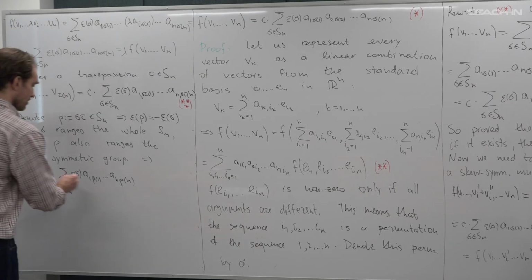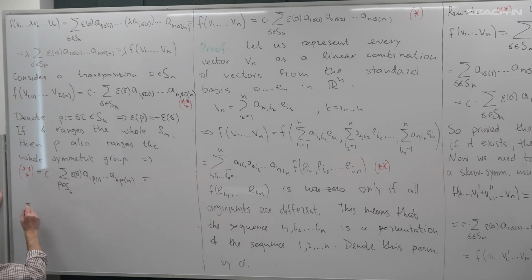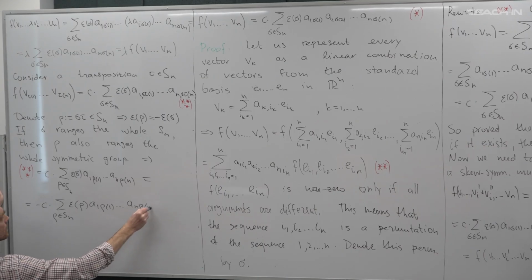Okay, and now we replace the sign of sigma by the sign of rho, so it would be minus C multiplied by this sum, epsilon of rho, a1 rho of 1, etc., a n rho of n.